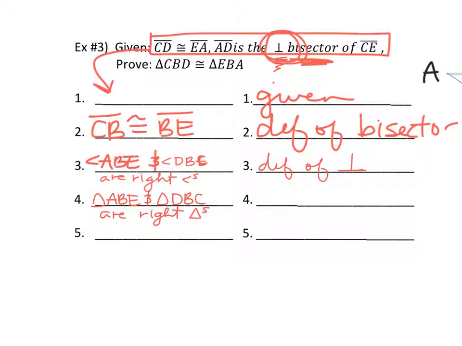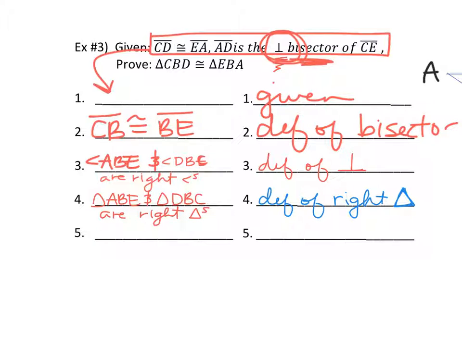How do I know they're right triangles? By the definition of what? Right triangles, right? Make sure that's a triangle, not an angle. It's not the definition of right angle. It's the definition of right triangle to have right angles, okay? So definition of right triangle.